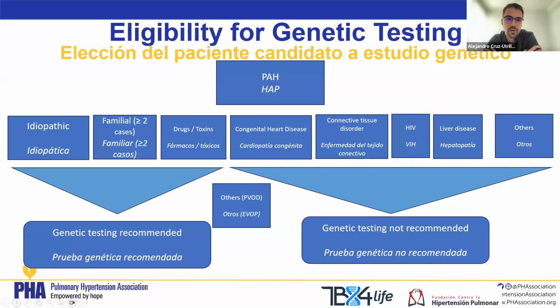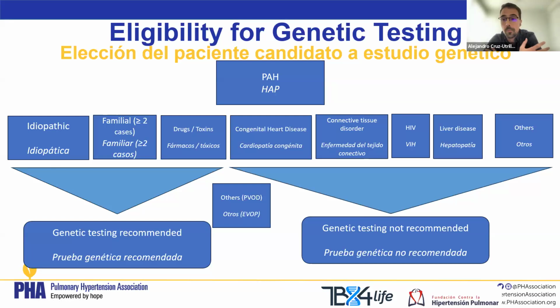And this is because we know in these cases, the prevalence of genetic variants is much higher in comparison with other PAH forms. We know that in pediatric cases with familial association, the probability of having a positive genetic result is as high as 80%.